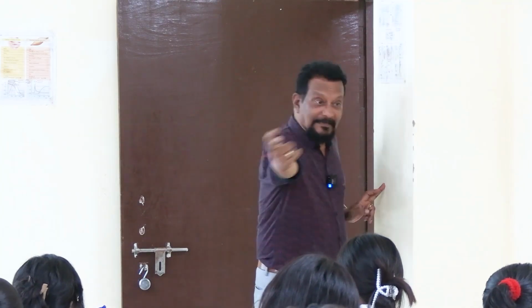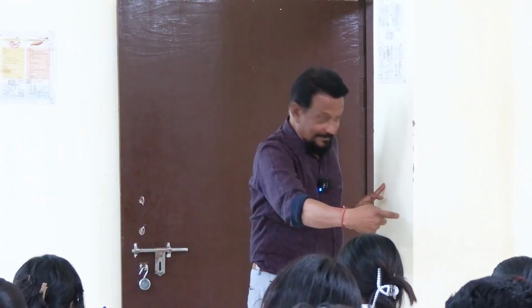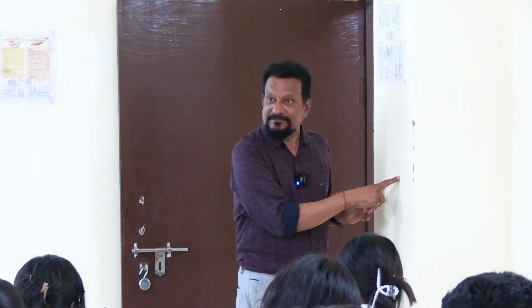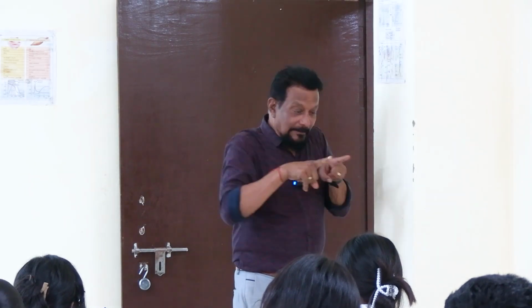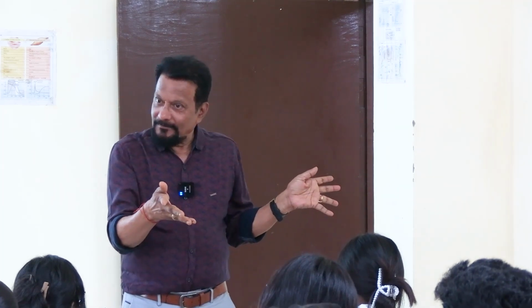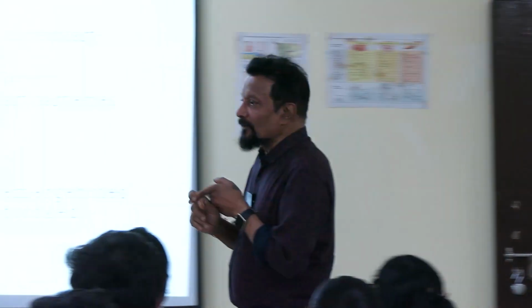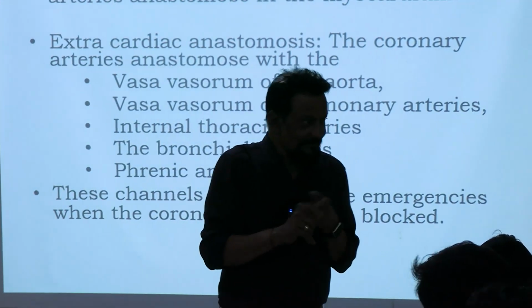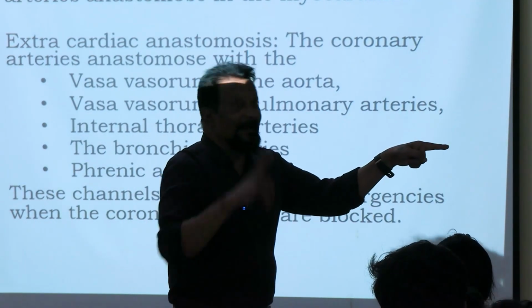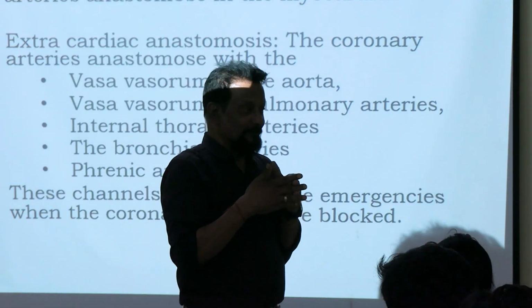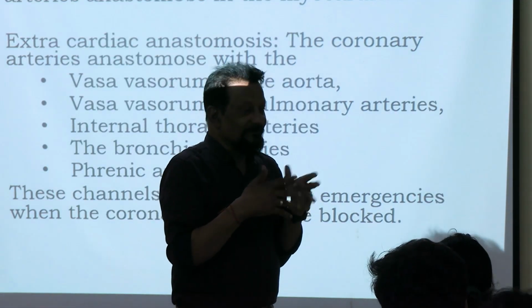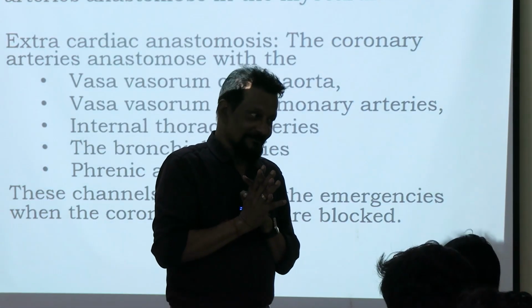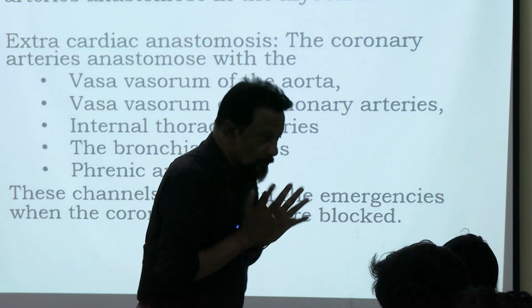Now, if another branch of an artery is also coming to supply this area, they may join together and supply. This sort of junction, this sort of circulation, is called collateral. The capillaries of these arteries can also join together. They are also called collaterals.